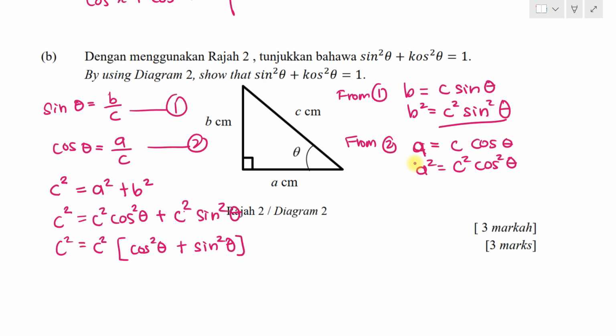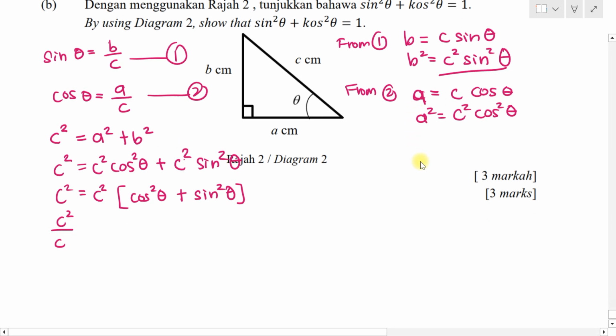And then the C square and C square, you can bring over here. You can't just cut like that. Actually, you can, but you need to know it means 1. So you cannot see clearly by cutting like that. If you bring it over here, it becomes division. So what's left here?